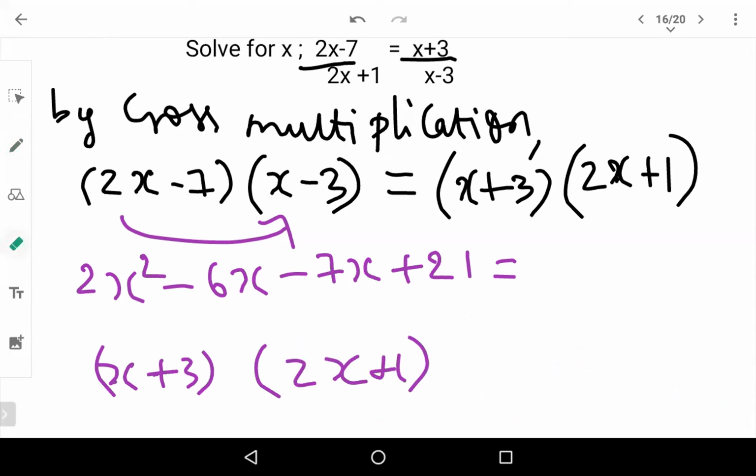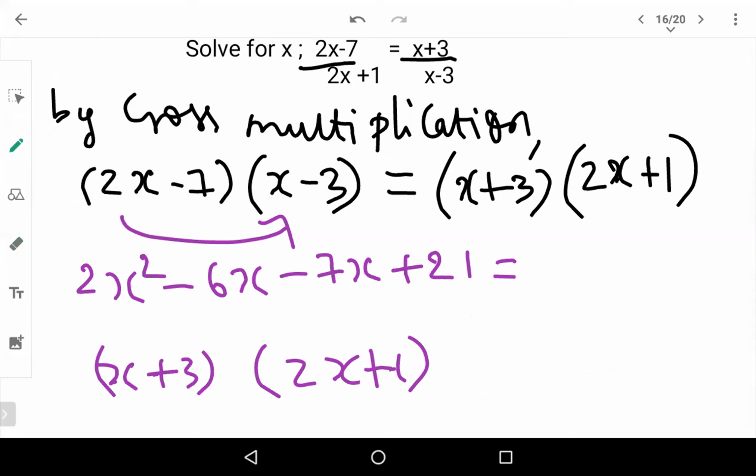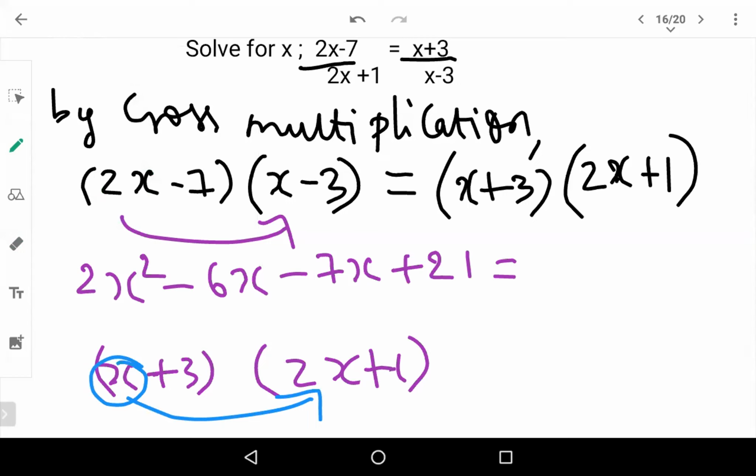Okay. X plus 3 and 2x plus 1. Now let us see how do we do this. First we have to take x into 2x. What will I get? X into 2x. Can anybody say me what will I get here?